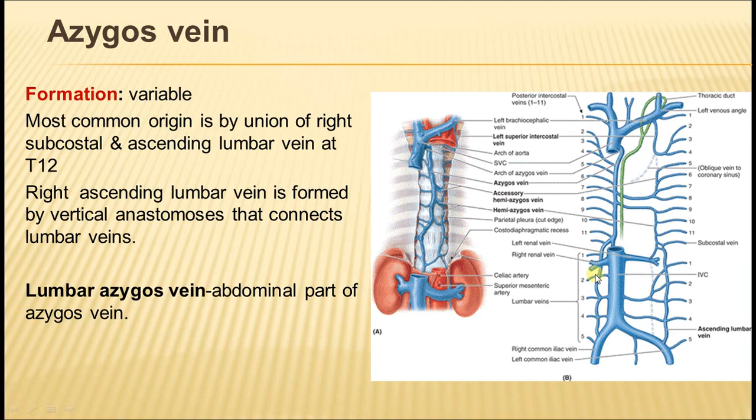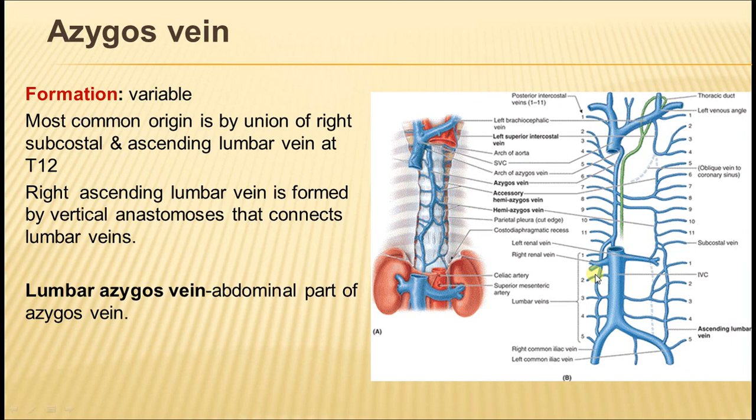The lumbar Azygos vein is nothing but the abdominal part of the Azygos vein, and its formation is variable, as we have discussed in many classes regarding the veins.